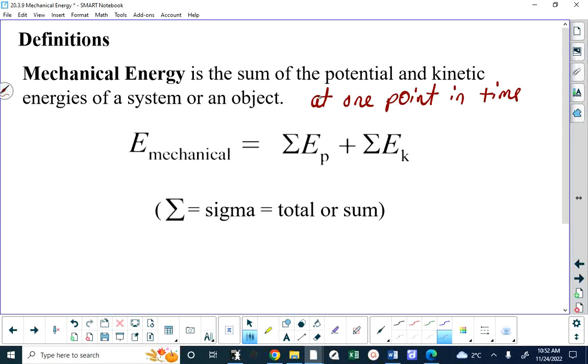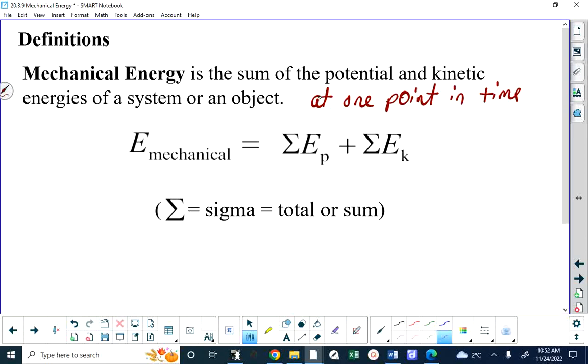And in case it's not clear where the mechanical energy is in this pendulum, in terms of kinetic and potential changes as it moves around. Now, quick question for you.